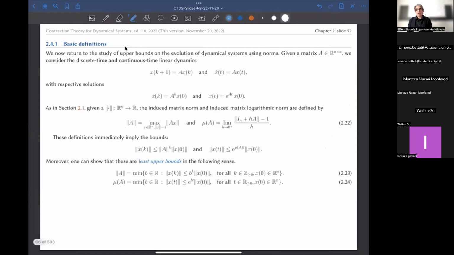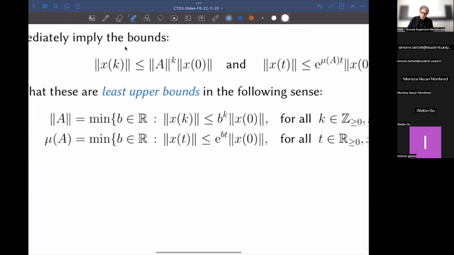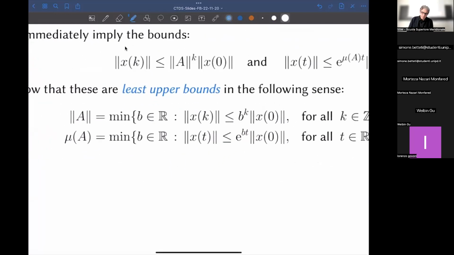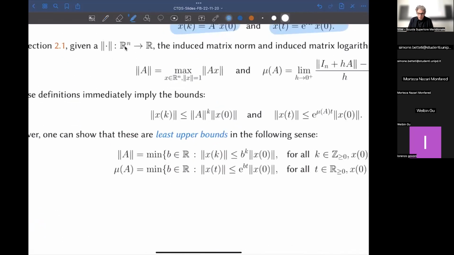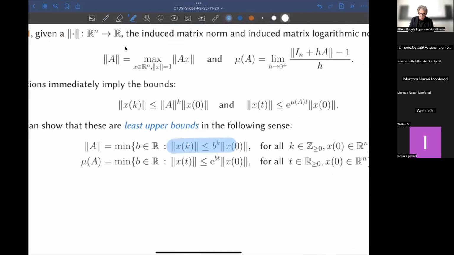Now I'm ready to talk about induced norms and induced log norms. They have many properties. I'll let you read the rest of the chapter later, between today and tomorrow. So here's another way to state it. Suppose I have a discrete time system and a continuous time system. And I write a discrete time solution and a continuous time solution. And I want to upper bound them, the discrete time solution like this and the continuous time solution like that.